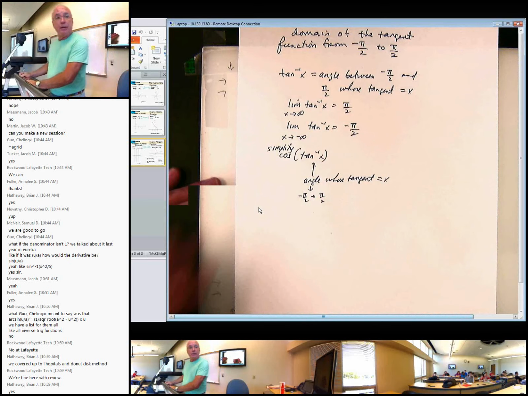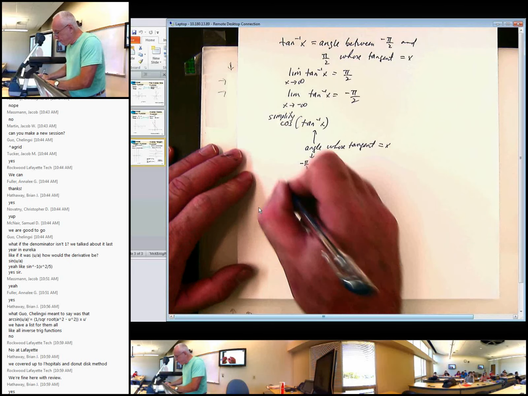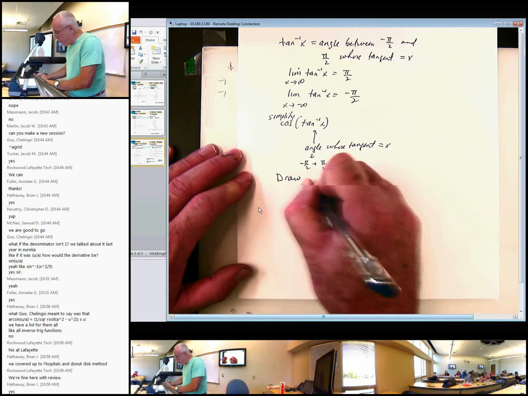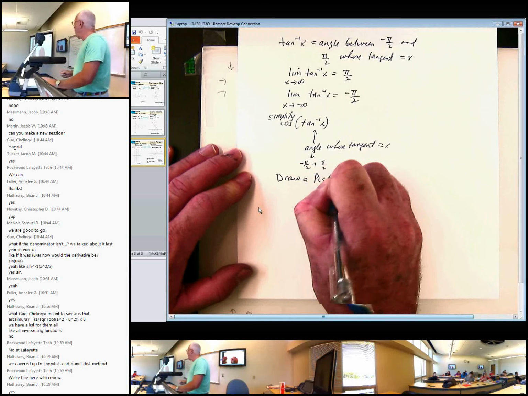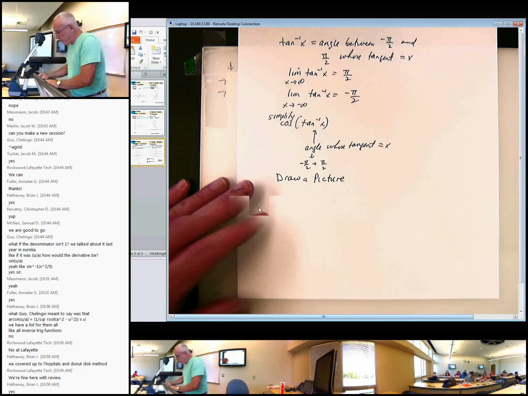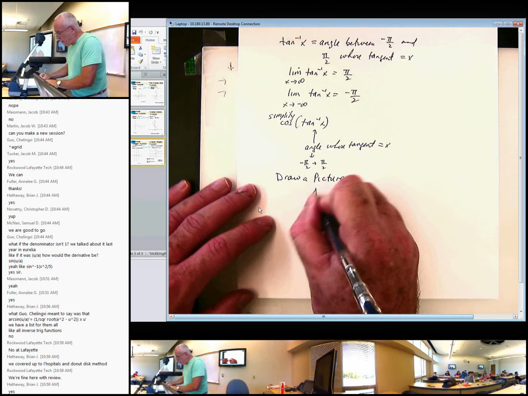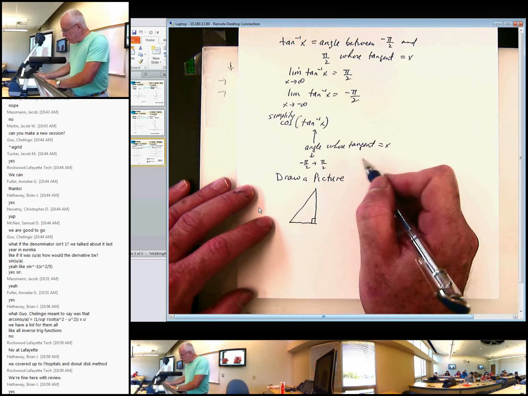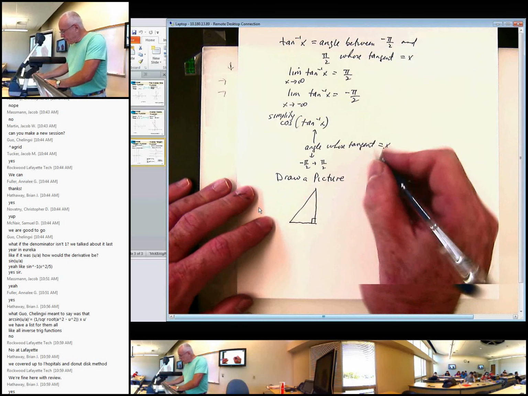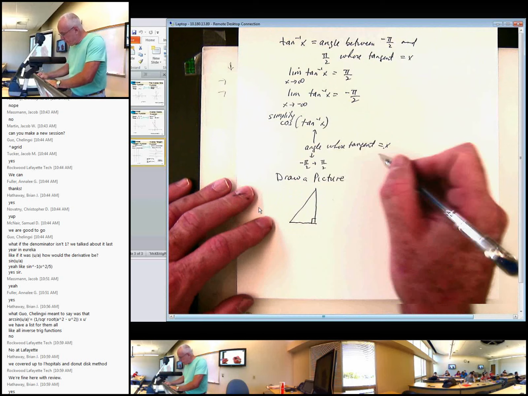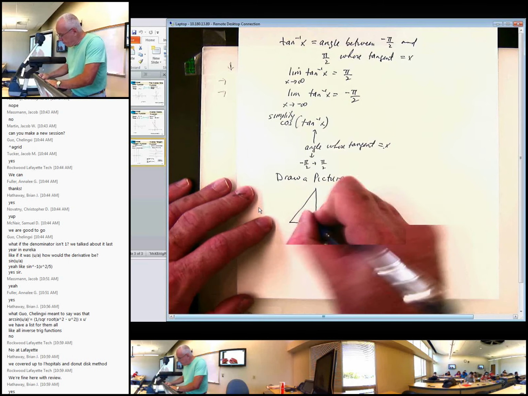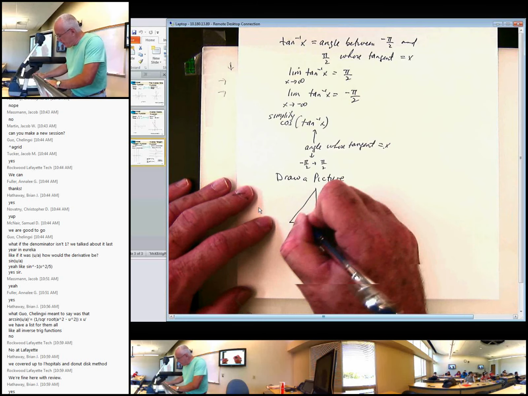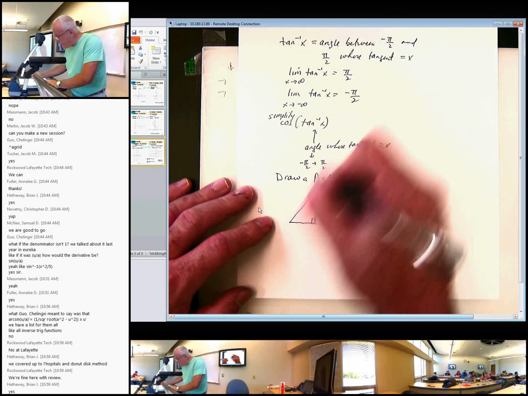So I'm just basically going to do a picture. There's a more formal way that we can do this, but I'm just going to do it this way. We draw our right triangle, and this angle, the tan inverse of x, let's call it the angle theta.